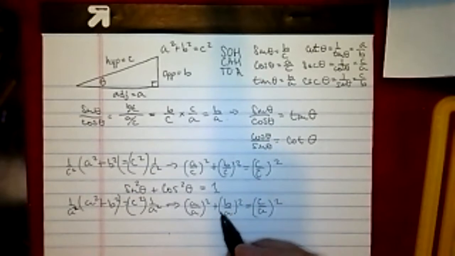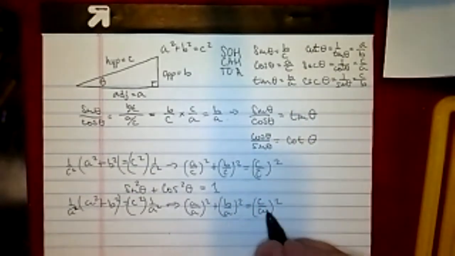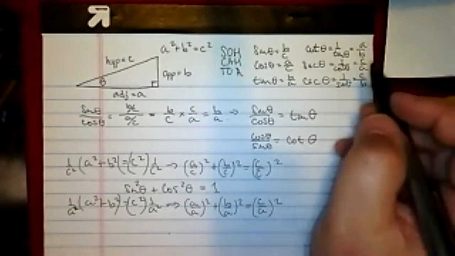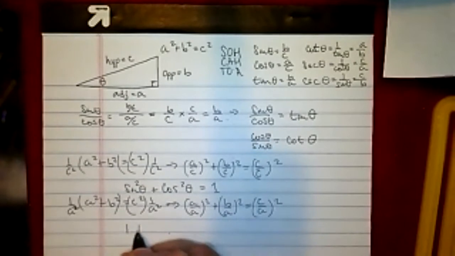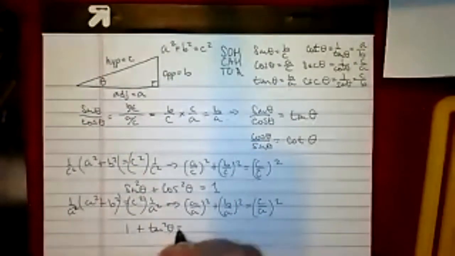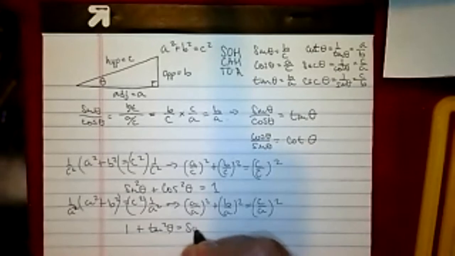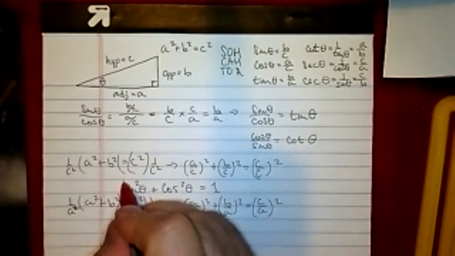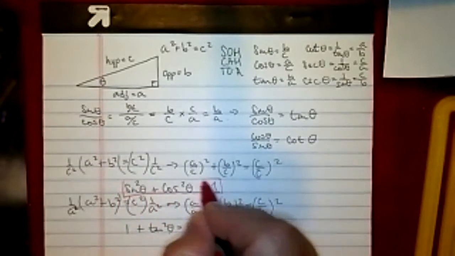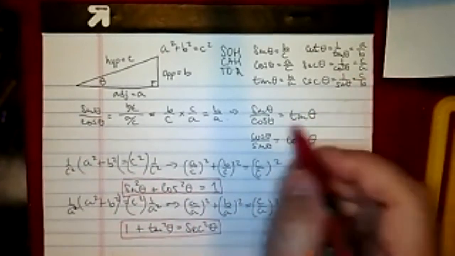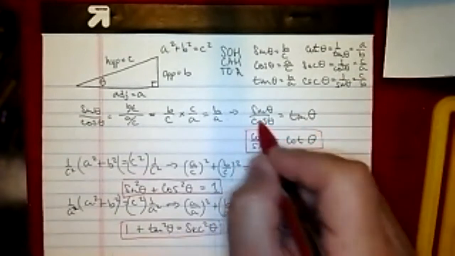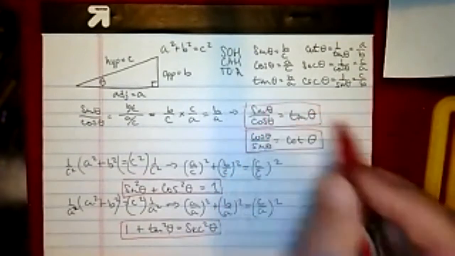B over a, of course, is tangent theta, and c over a, of course, is secant theta. So what we just discovered is 1 plus tangent squared theta is equal to secant squared theta. So that's another important identity. These 3 that I'm getting ready to do, I've done 2 already, are called Pythagorean identities. We also have these identities, which are kind of nice.